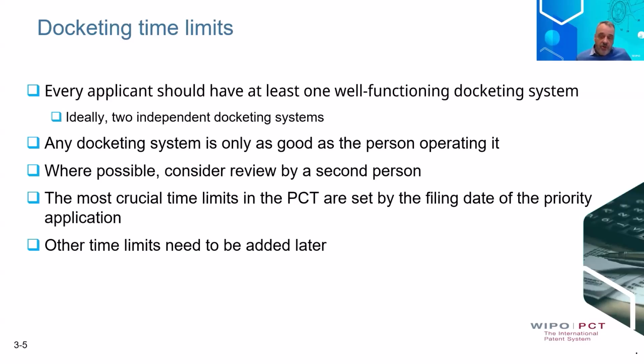The rule changes then contain certain transitional provisions, also indicating when they will enter into force. Currently, the most common entry into force date for rules is either 1st of July or 1st of January. We just had two rules come into force on 1st of January, but it's actually more common now to have them come into force on 1st of July.